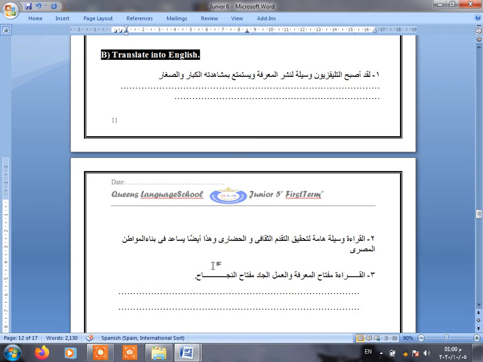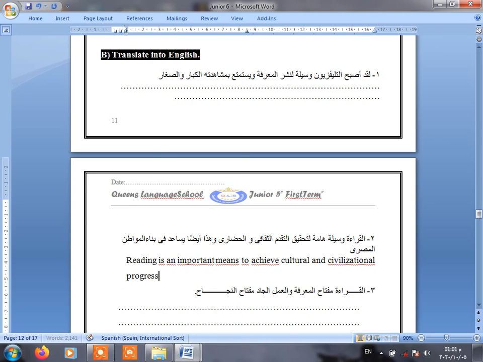So reading is an important means to achieve cultural and civilizational progress, which also helps in building the Egyptian citizen.